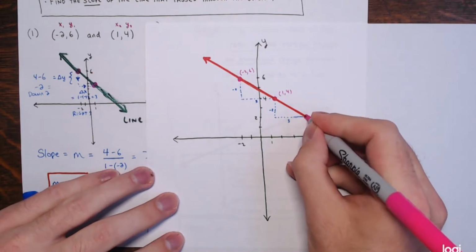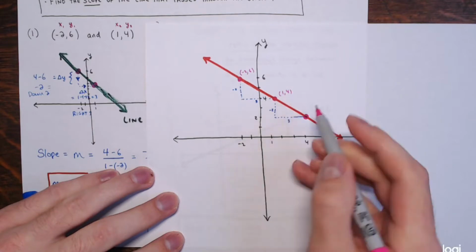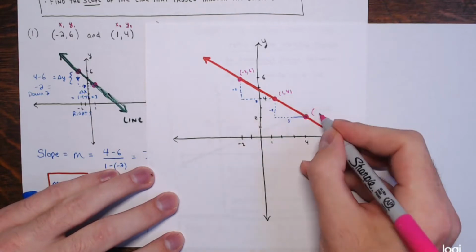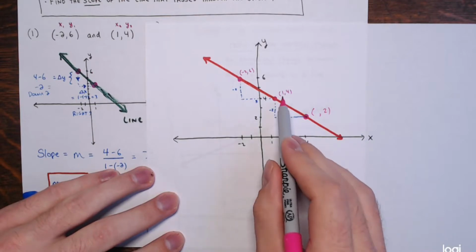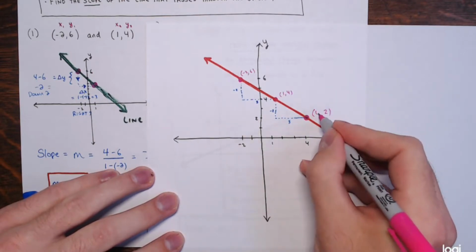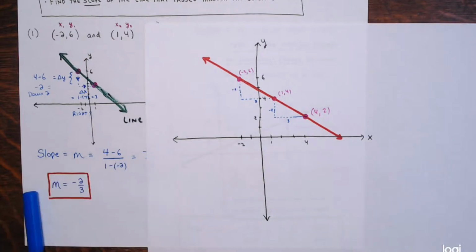There. If I decrease y by 2 from 4, that makes the y coordinate 2, and then I increase the x coordinate by 3, that goes from 1 to 4. So the point 4, 2 would also be on this line. And then I could keep doing this.